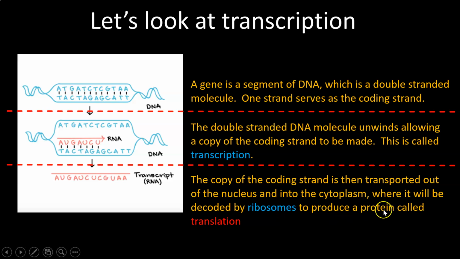When we talk about ribosomes reading the RNA molecule to produce a protein, that's called translation. So we have transcription, and we have translation. Both of them are required to complete the synthesis of proteins.